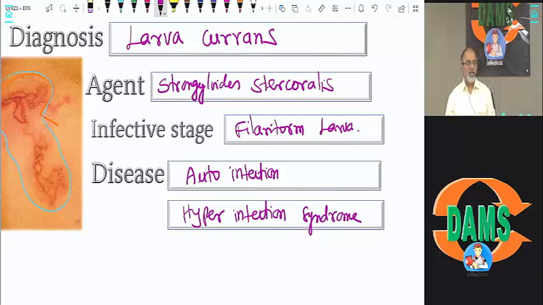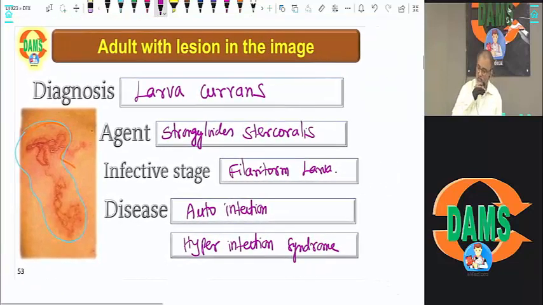So no confusion between cutaneous larva migrans and larva currens. Cutaneous larva migrans is seen in children, caused by hookworm. Larva currens is seen in adults, caused by Strongyloides stercoralis. In cutaneous larva migrans, no urticaria; here urticaria is present. These are the major differences.